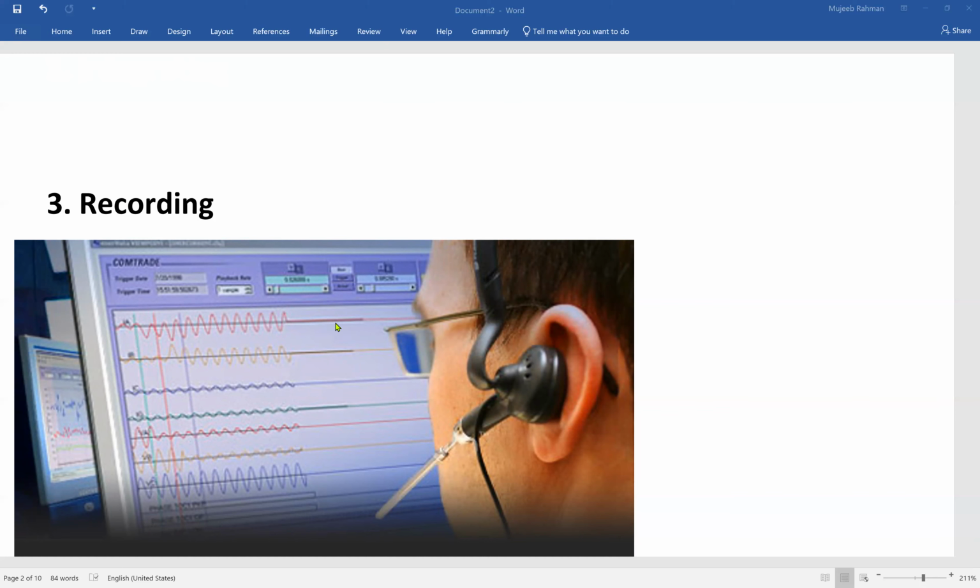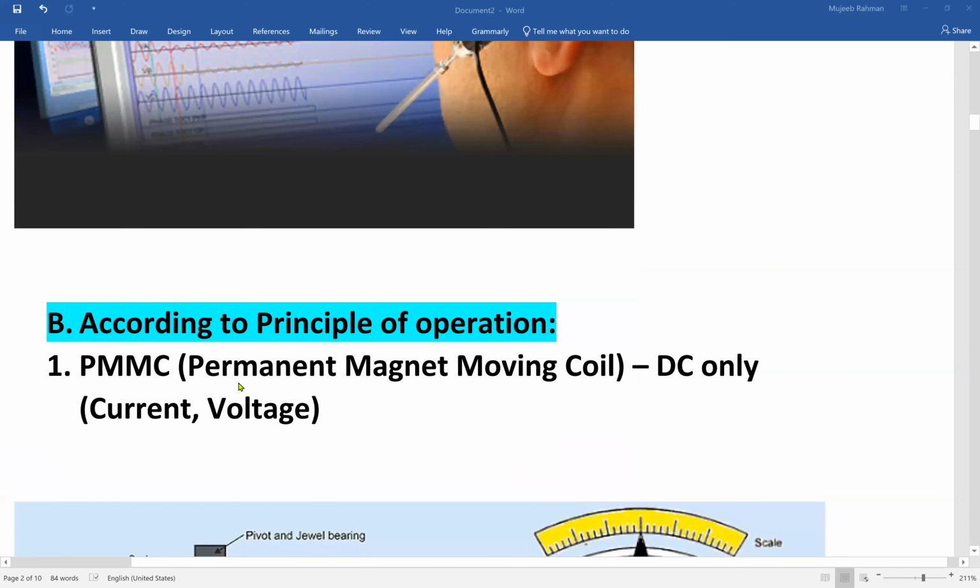This is very common in substations particularly, and power stations.